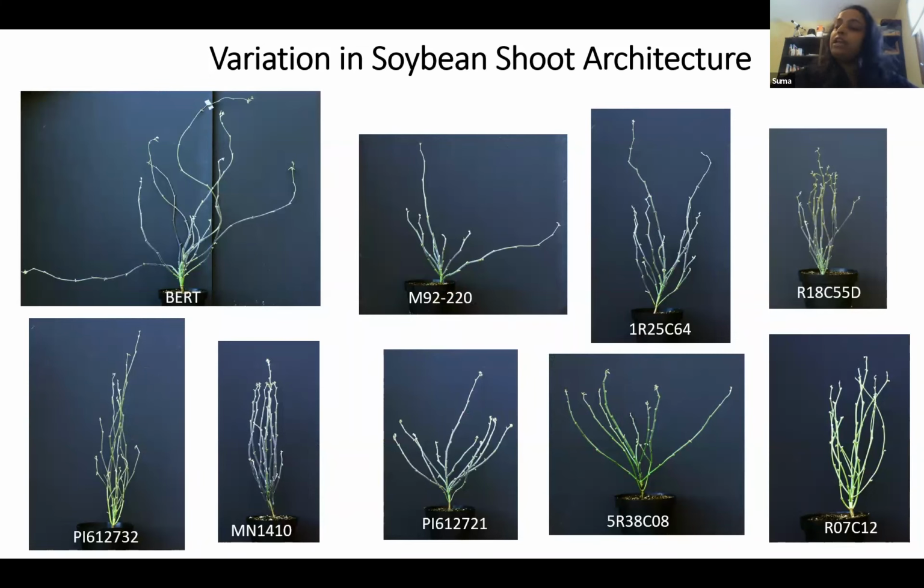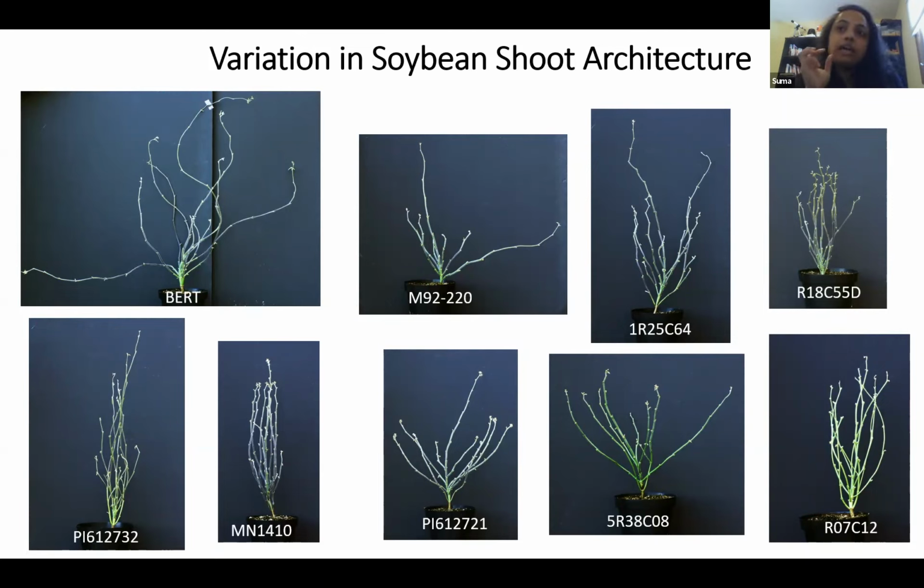And in many plants, you may be able to see what the entire plant looks like, but in soybean, no such luck, because the whole plant is usually covered with leaves and we don't know what the skeleton of the plants looks like. So these are defoliated plants, which means we have manually removed the leaves, so you can see what the skeleton looks like. These are just the branches and the main stem of the plant, and you can immediately appreciate how different they are. Each of these is a different variety, which means they are genetically distinct.